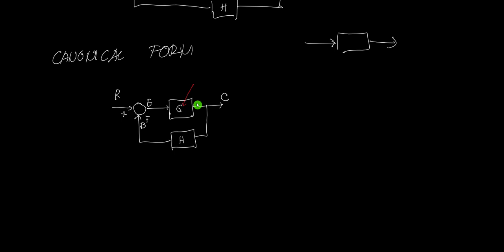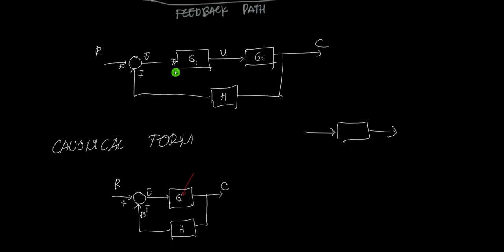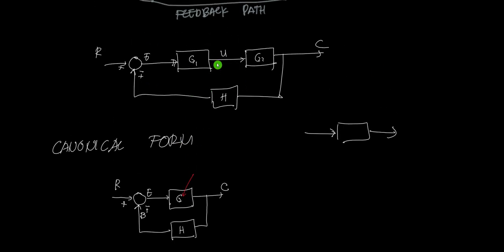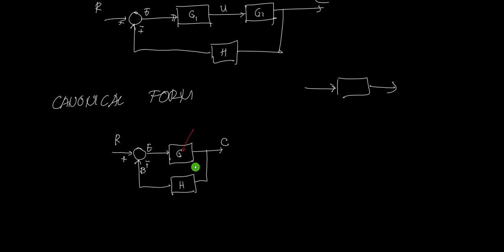G here, we call this one letter G. So basically, for example, in this block diagram the forward path has two transfer functions, G1 and G2. But we can simplify these two cascaded blocks into just one transfer function, which is equal to G. This G is called the forward transfer function, the transfer function in the forward path.